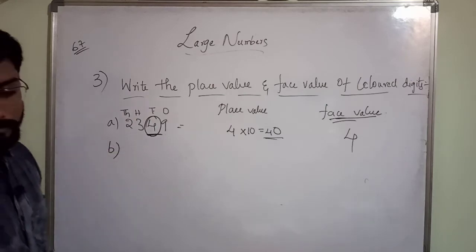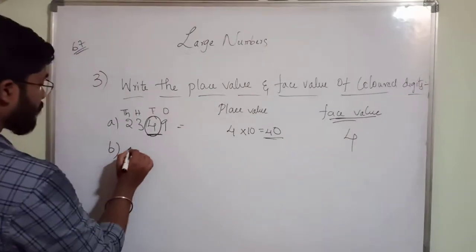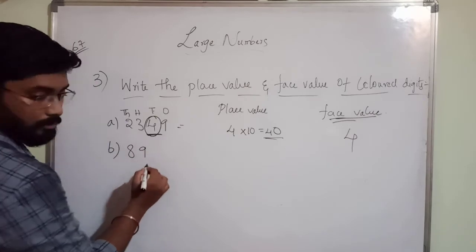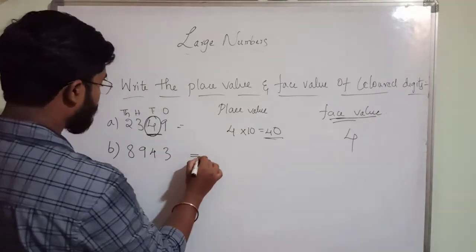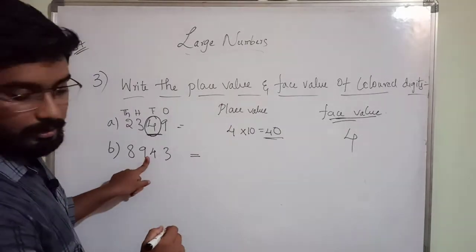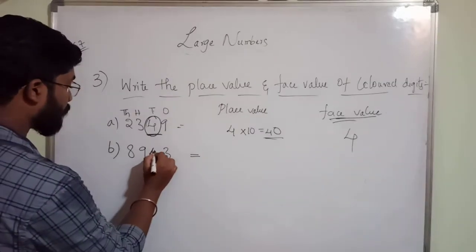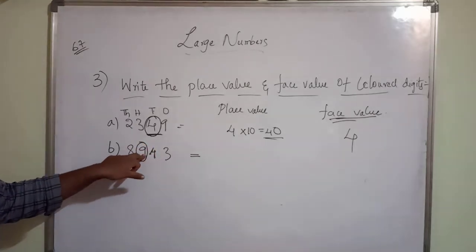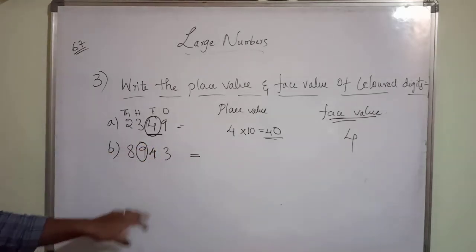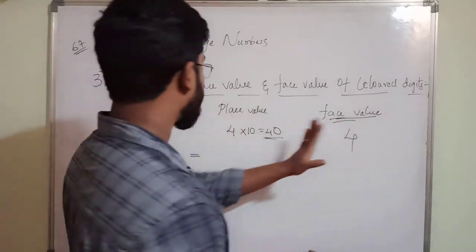Next one. 8943. This 9 is the colored one, so you have to find out the place value and face value of 9.